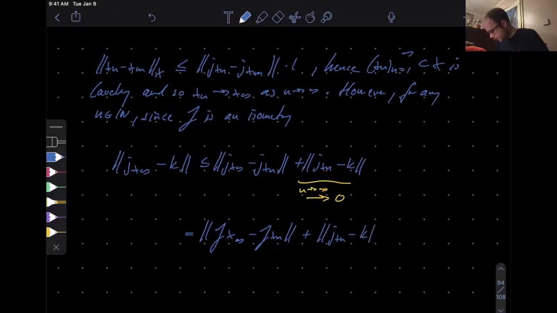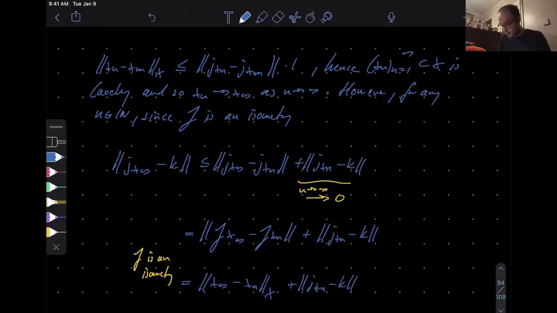Yeah, but capital J is an isometry. This we already checked, right? J is an isometry and it is linear, so that first thing is just x infinity minus xn in the norm on x.